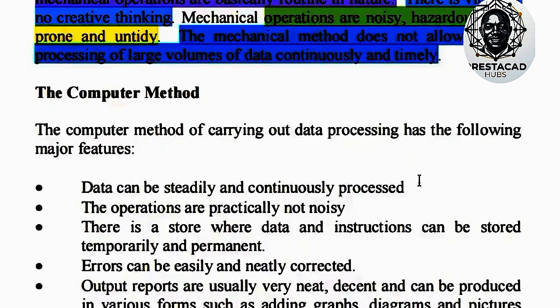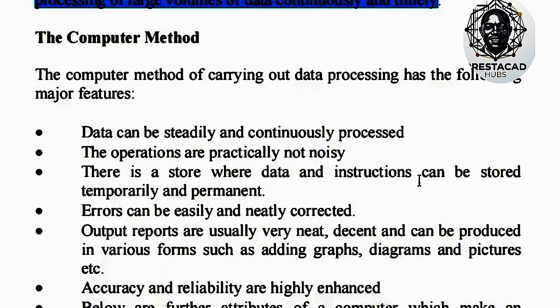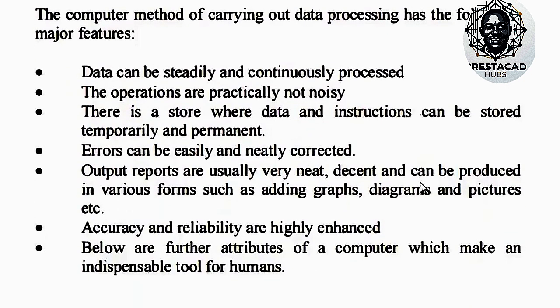And the fourth advantage is that errors can be easily and neatly corrected. Then the outputs are always very neat, decent, and can be produced in various forms. After data has been processed, it can come in the form of graphs, diagrams, pictures, or text. Accuracy and reliability are highly enhanced.